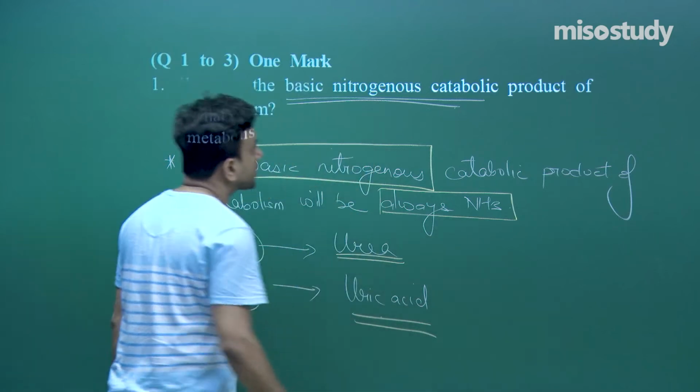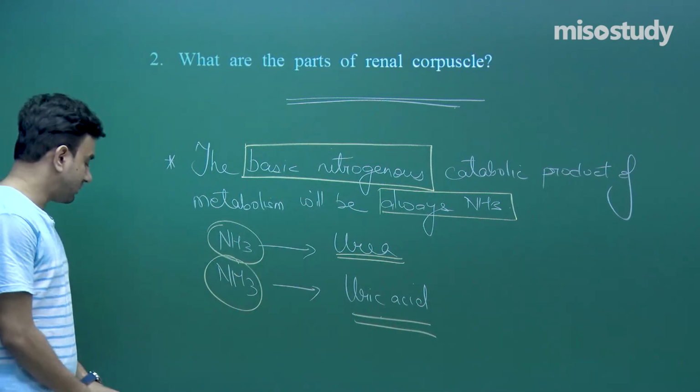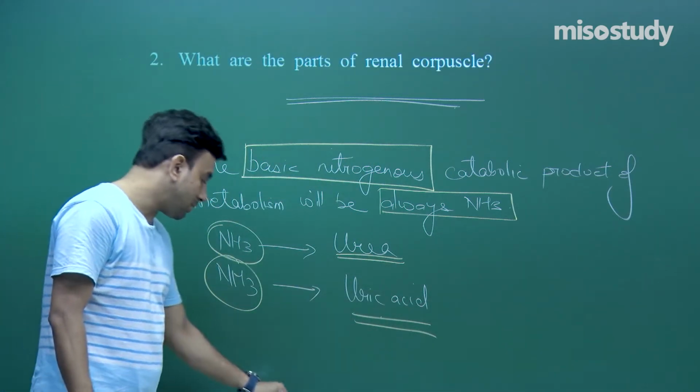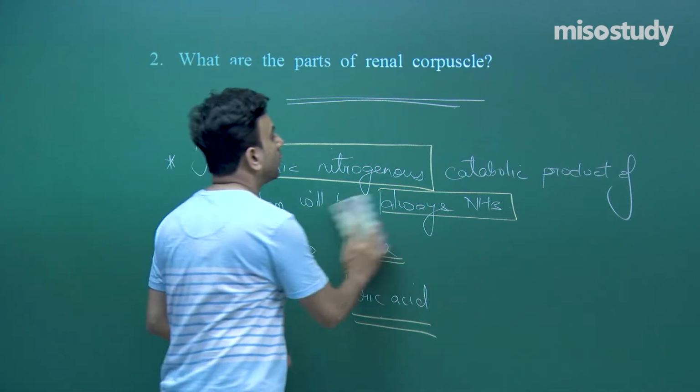We go on to the next question. What are the parts of the renal corpuscle or the Malpighian corpuscle?